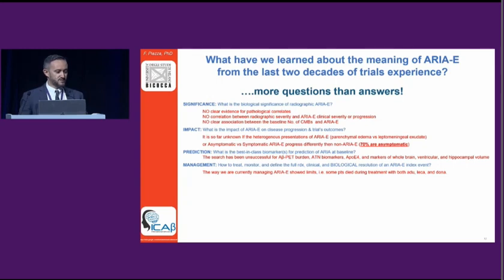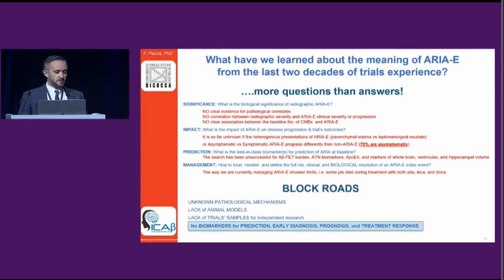But the key message here is that the main roadblock for all of these unknown responses is that the pathological mechanism of ARIA is largely unknown, and this is because we have no animal model for ARIA-E, and because the samples and data from clinical trials are not publicly available for independent research.